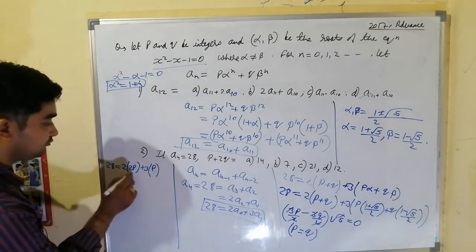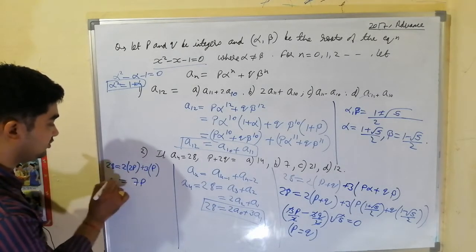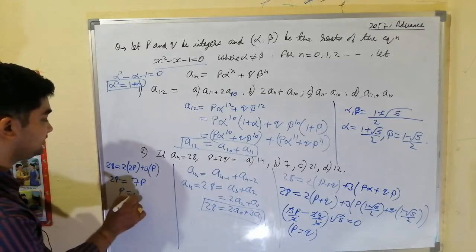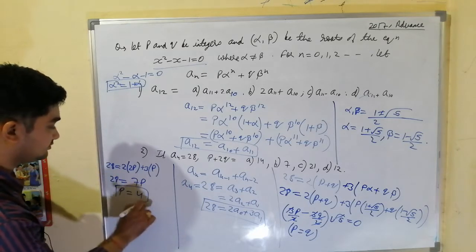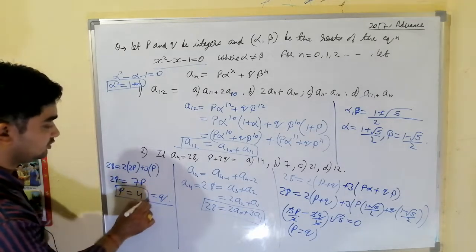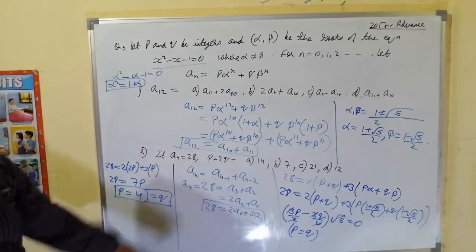That means we will have 4p plus 3p, 7p is equal to 28. That means p is equal to 4, which is also equal to q.